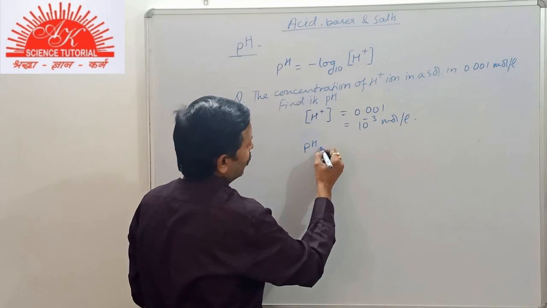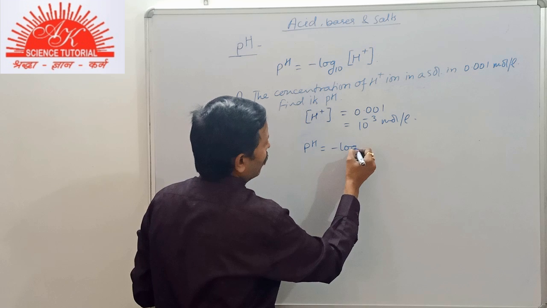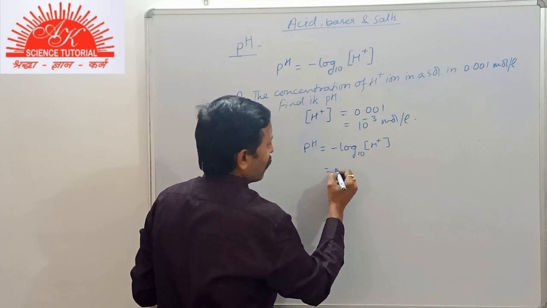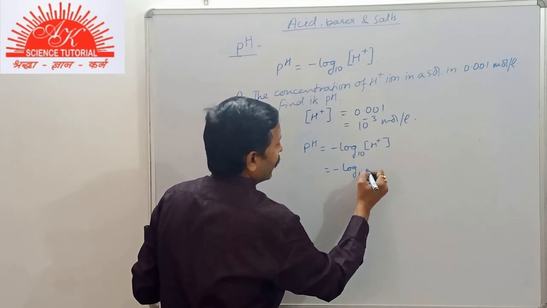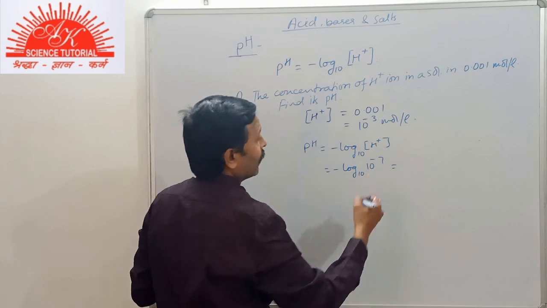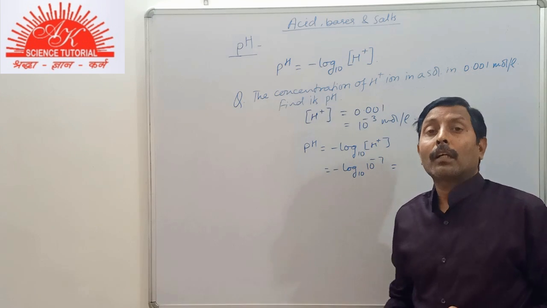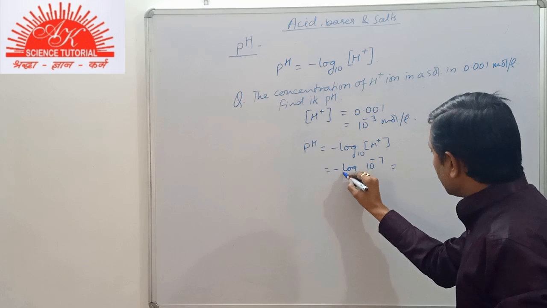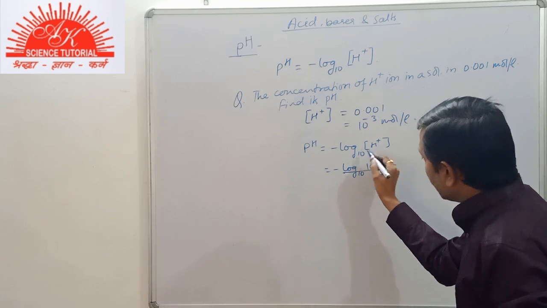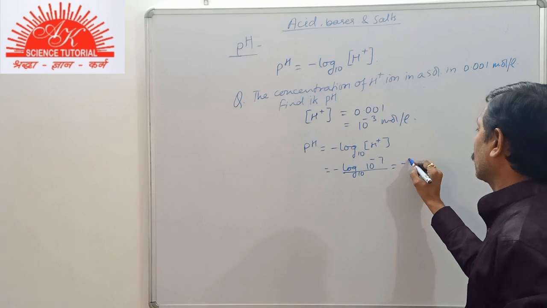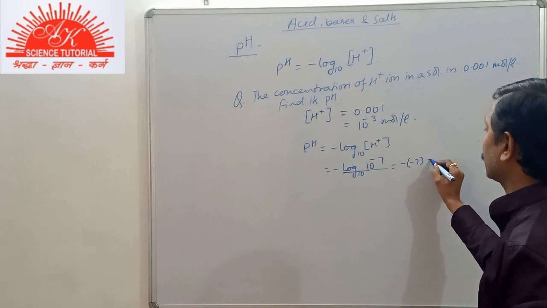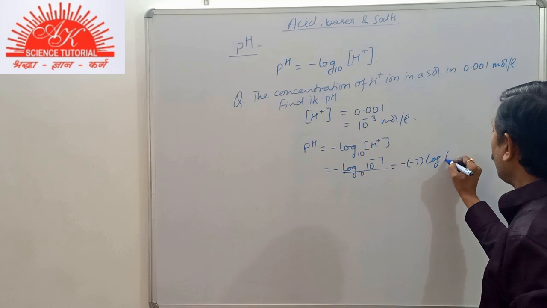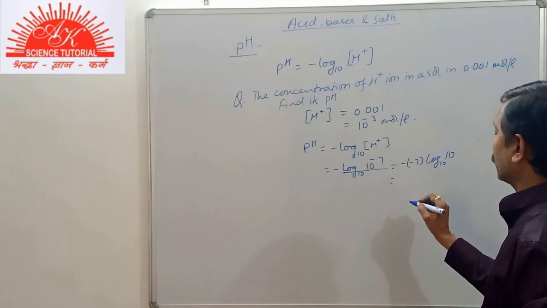So pH equals minus log at base 10 for H plus ion, minus log 10 to the minus 3. If you have studied log, then you will remember that the power of 10 comes before. So it is minus, minus 3 log of 10 at the same base.